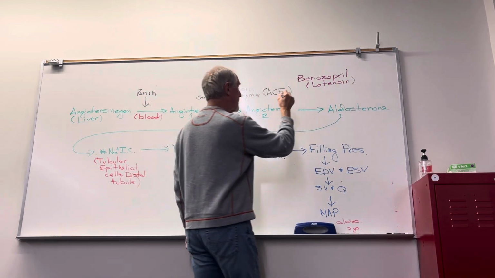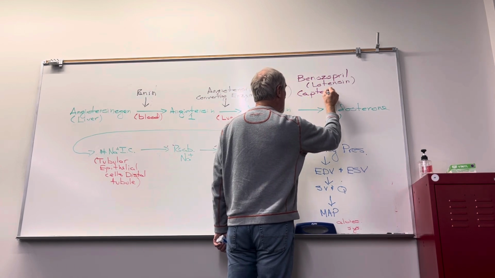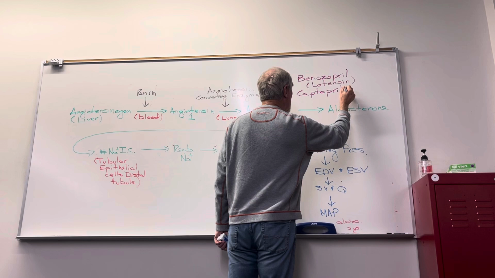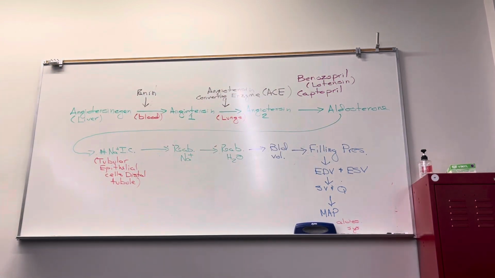Another one is Captopril. And there's a whole host of them out there. But if you see that suffix on the end of these words, the P-R-I-L, the pril, that's a tip-off that you're talking about an ACE inhibitor. So even though you may not have heard of the particular name of a medication, if you see that P-R-I-L, more than likely we're talking about an ACE inhibitor.